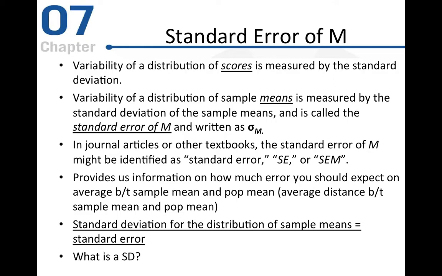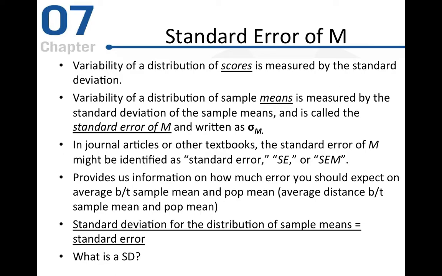Again, what is a standard deviation? A standard deviation is the average distance from a score to the population mean. Standard error is the average distance between the sample mean and the population mean. That's why standard error is conceptualized as the standard deviation for the distribution of sample means.